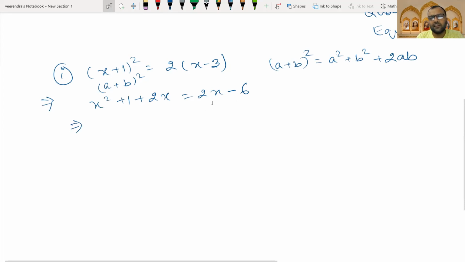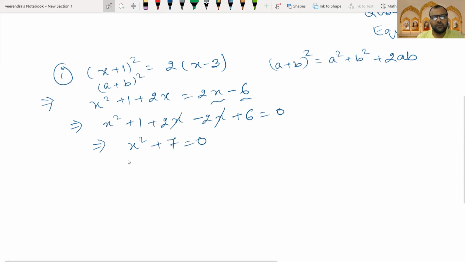Now I will take the terms 2x and minus 6 to the left hand side. So the sign will change and it will be x square plus 1 plus 2x minus 2x, and minus 6 will become plus 6 is equal to 0. So 2x and 2x will cancel out and it will be x square plus 7 is equal to 0.